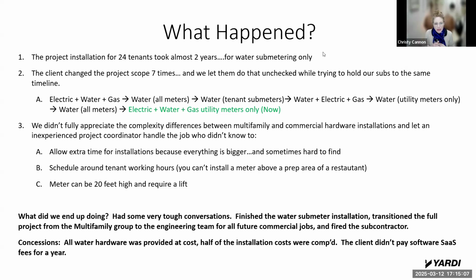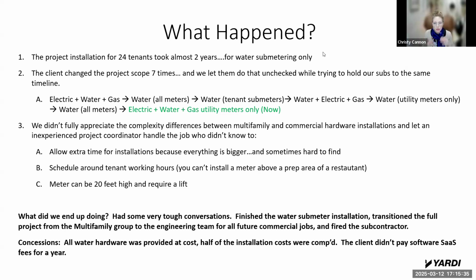So what did we end up doing? I had to step in and have some very tough conversations with everybody involved, including people in my own company. We are letting them finish the water submeter installation. So we're letting them finish what they started. But the whole project, electric, gas, and some residual water metering for the rest of the project is coming to our engineering team.